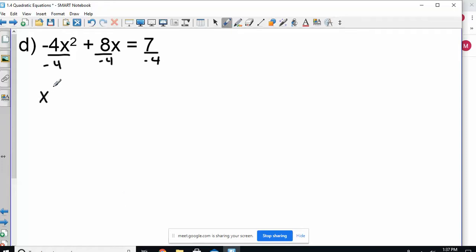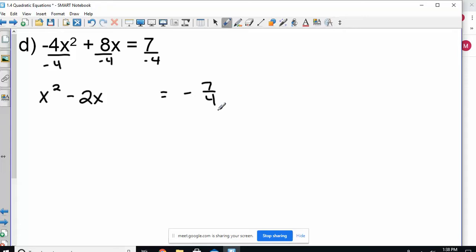So that gives me an x squared minus 2x equals -7/4. And it's okay to have a fraction in there. Next step is to move over the constant, but we actually don't have to because the constant is already on the side by itself.